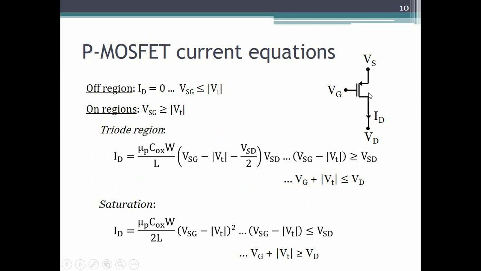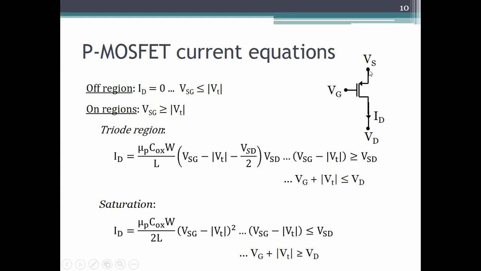For a PMOS, the arrow goes into the MOSFET, and that is the source terminal, and the non-arrow terminal is the drain. This is the gate. Usually, just by convention, MOSFETs and transistors are drawn on paper such that currents flow vertically down.